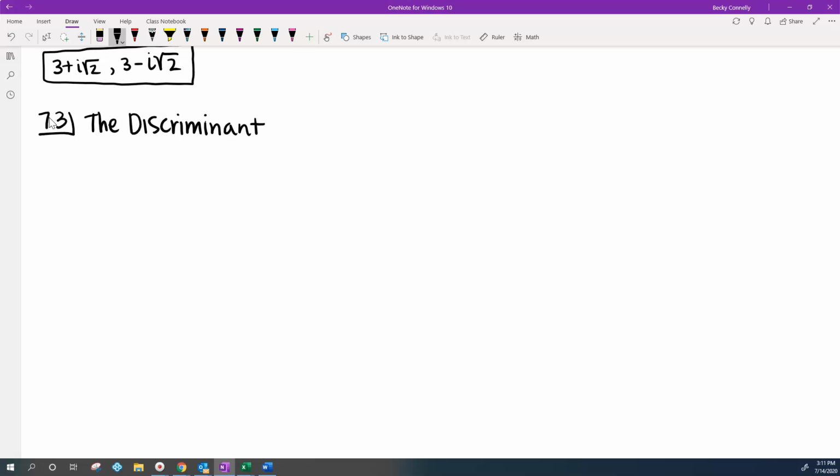And so it's a really good thing to know about. And basically the discriminant is telling you how many solutions there are, and what kind.